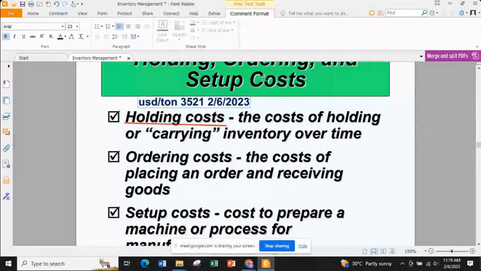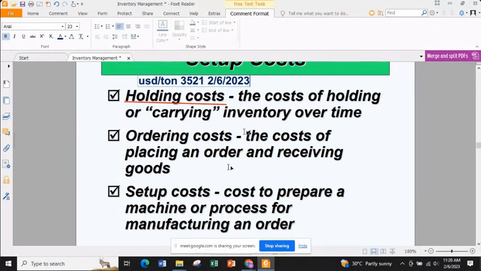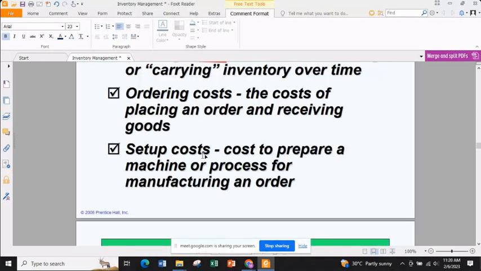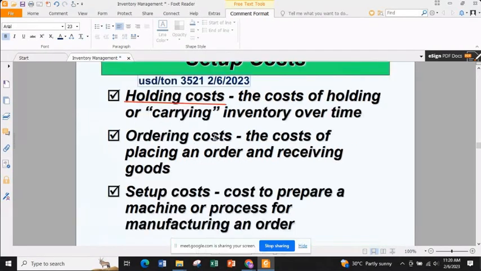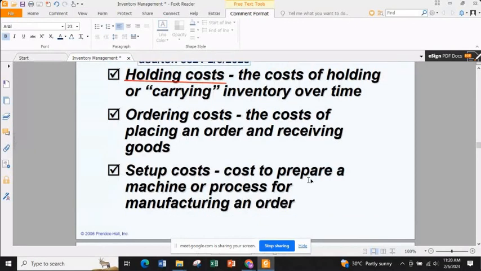It is a holding cost, to carry until you complete your process. Your final product is a car. So ordering cost, the cost of placing an order and receiving goods. And then setup cost, the cost to prepare a machine or process for manufacturing an order. So what's the cost to invest, to buy a machine, to process your raw material, steel, to become a car.